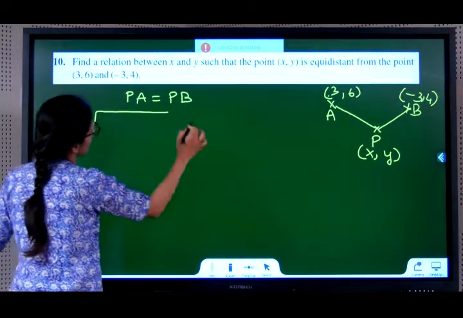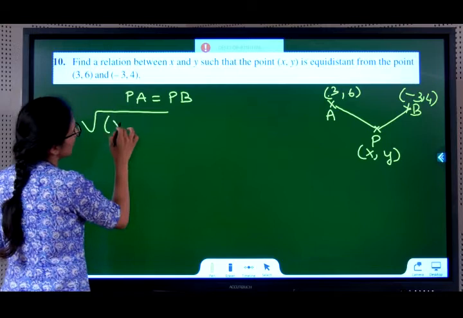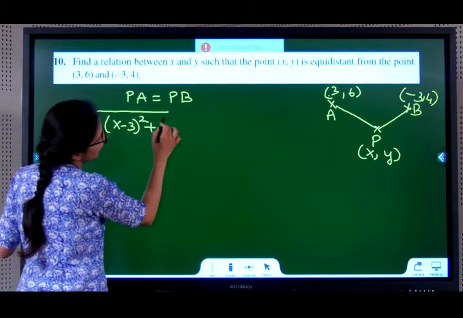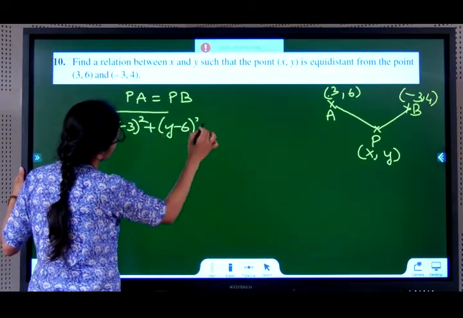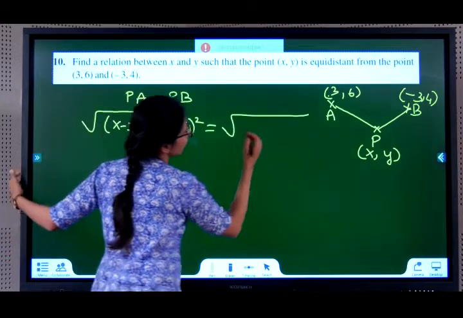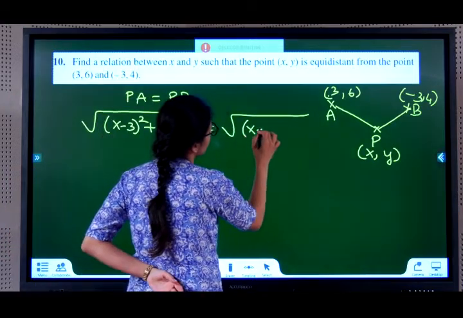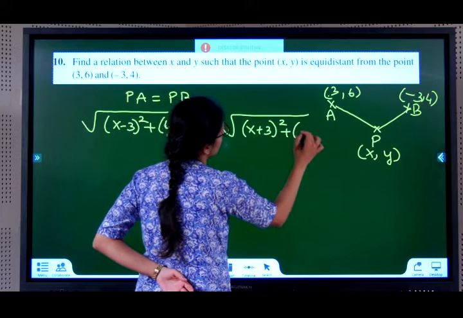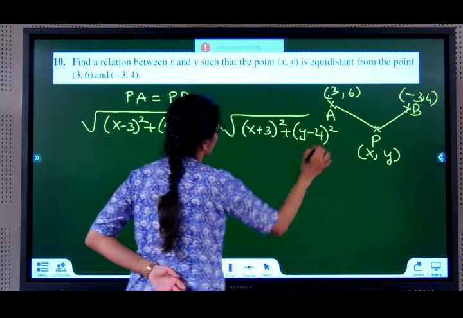Apply distance formula, root of (x minus 3) the whole square plus (y minus 6) the whole square is equal to root of (x plus 3) the whole square plus (y minus 4) the whole square.